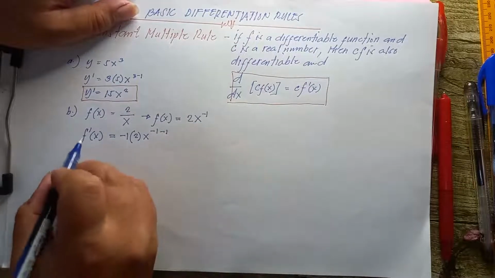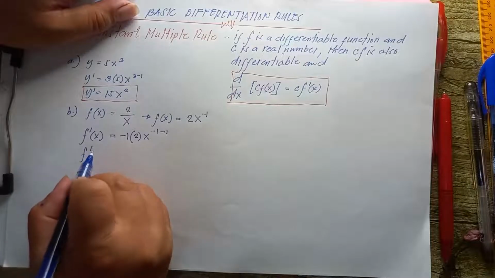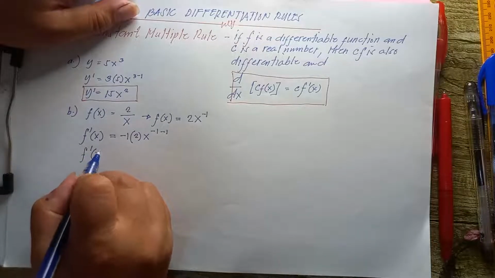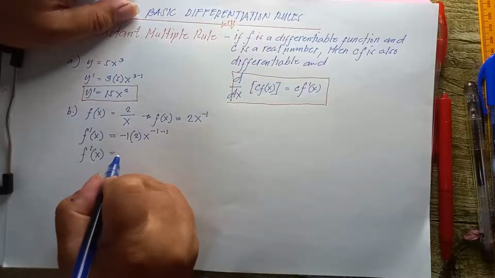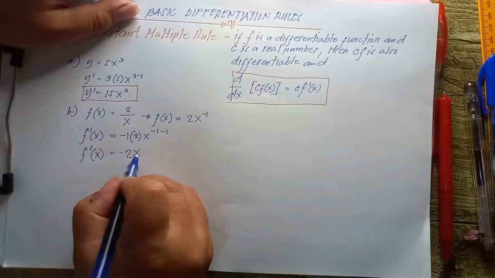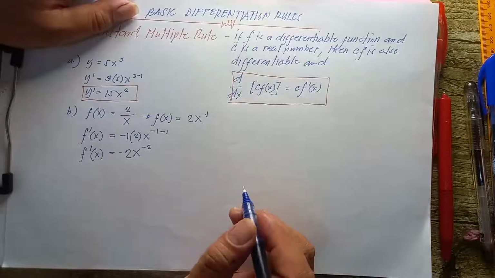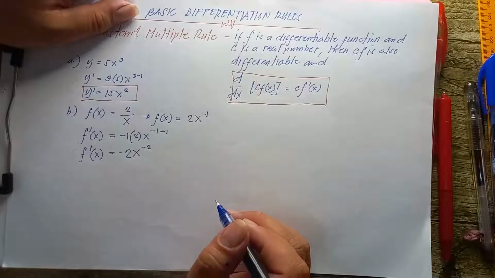So what would be the result? The result would be f prime of x is the same as negative 2x raised to negative 2.